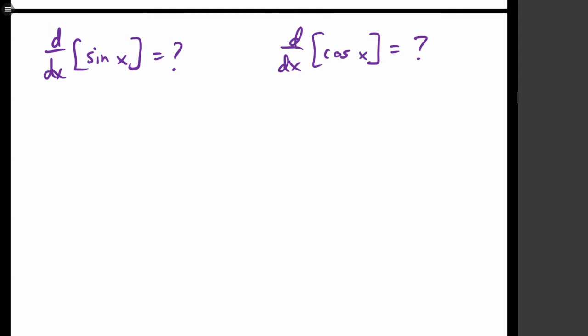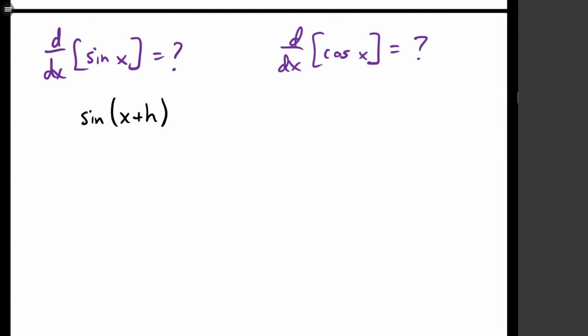Well, we're going to need some trig identities to perform these calculations. What are those? So here, I'm going to write it in exactly the form that we're going to need it. We have sine of x plus h.